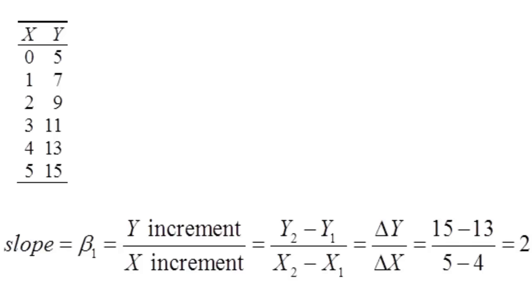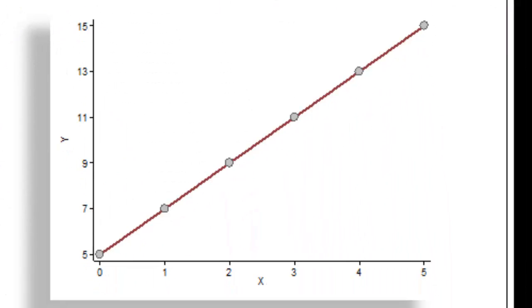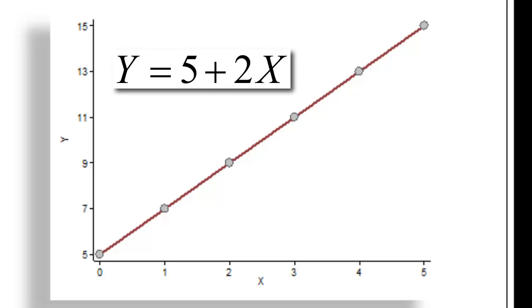In this little example down below, based on the data, we get a slope value of 2. And you can see that every point lies on the line. There's no error. And solving for our regression here, we get a regression function equal to y equals 5 plus 2x.